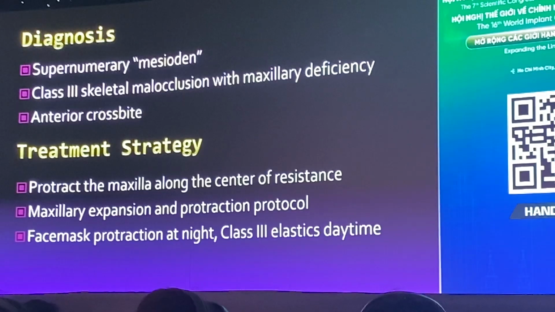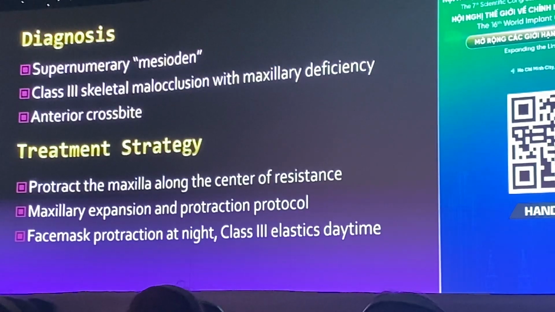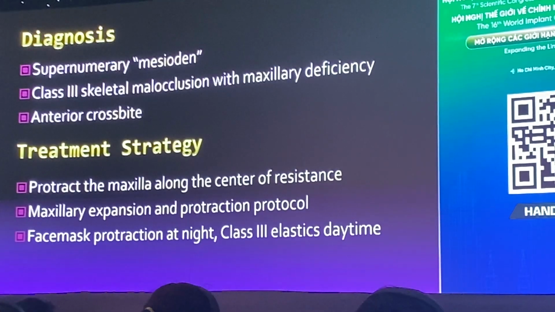And the third thing is, you might want to use a combination of face mask at night and then class 3 elastics during the daytime. Okay, I repeat. Face mask, which is orthopedic, 16 ounces on each side, or 600 grams.